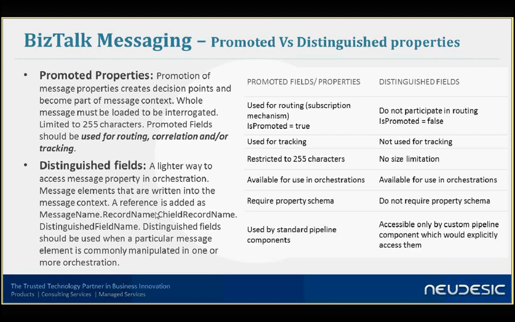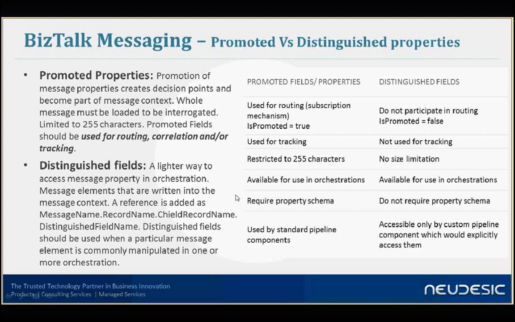Promotion is like marking is promoted to true for a property. So once we promote any property, especially in orchestration, it creates a property schema which has all the details of which property is promoted, and there it marks is promoted to true.